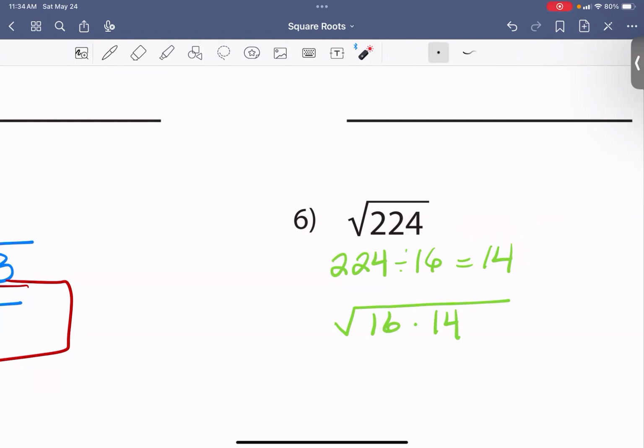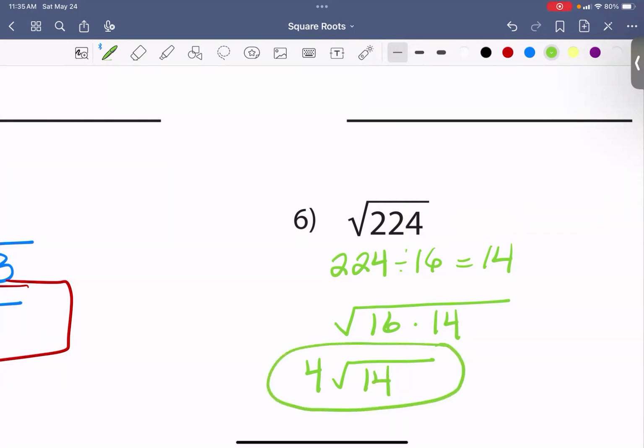I'm going to make the radical sign again. The square root of 16 is 4. There's no perfect square for 14, so I'm going to bring 14 in there. And our answer is 4, the square root of 14.